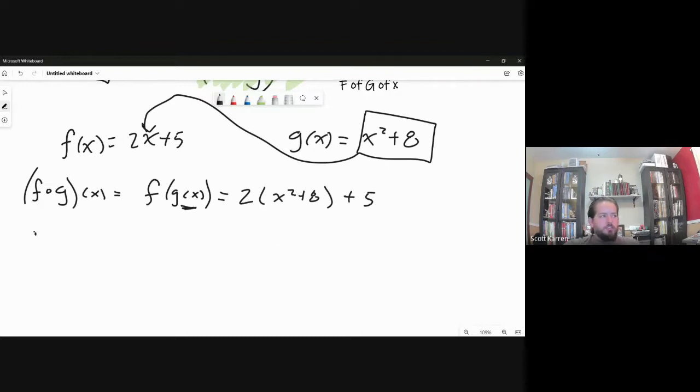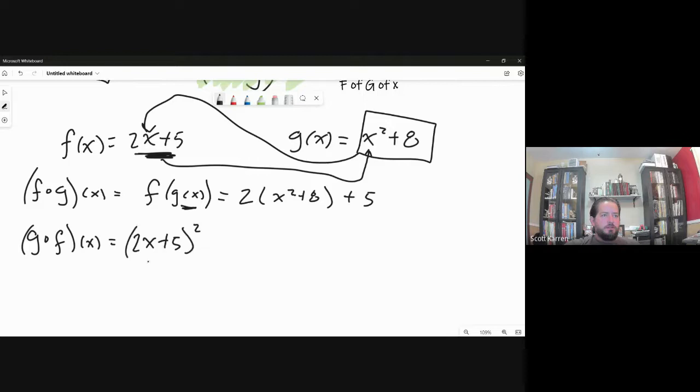Or we can find g composed of f, or g of f of x. And that is taking g, which is x squared plus 8, but instead of the x, I'm going to input the 2x plus 5 in for the x term in the g function. So that is now 2x plus 5 gets squared plus 8.